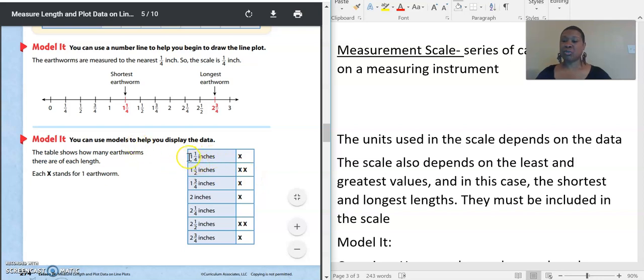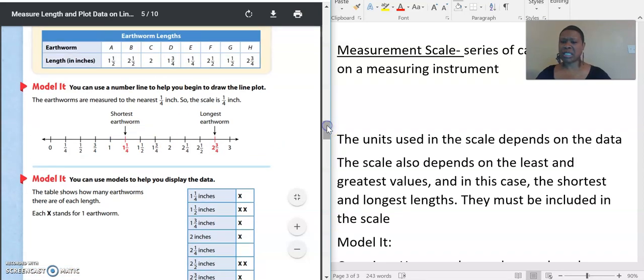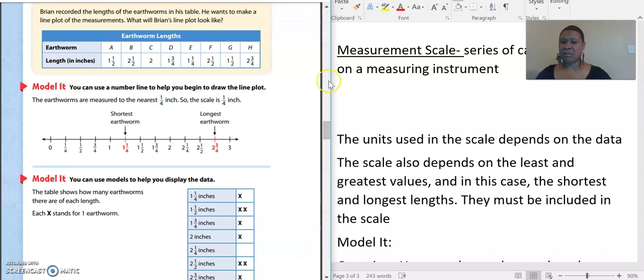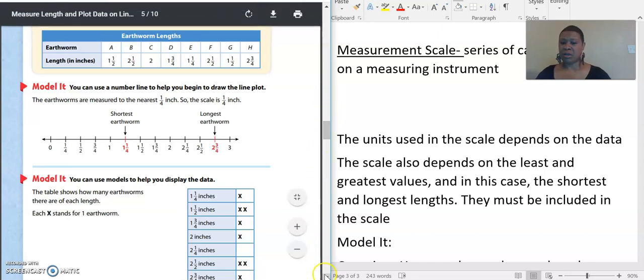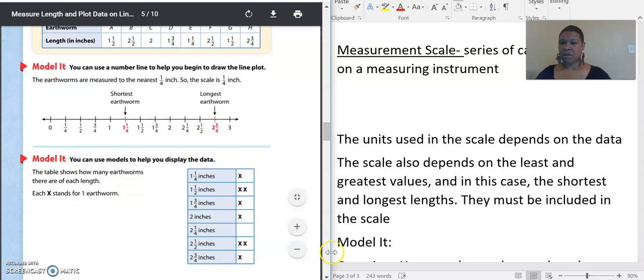It said let's find 1 1/4 on our line plot. Here's 1 inch and 1/4. I don't see any more here, so they put an X for 1 1/4.